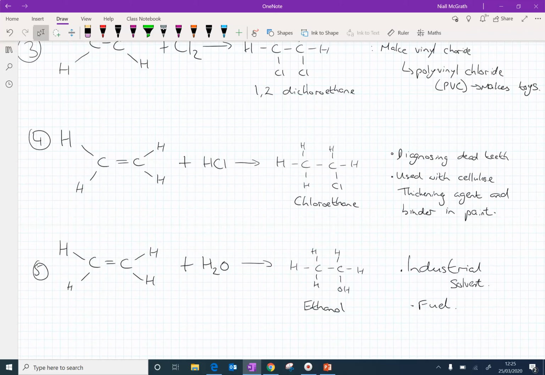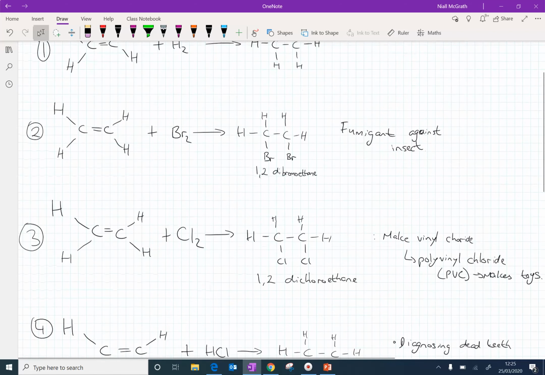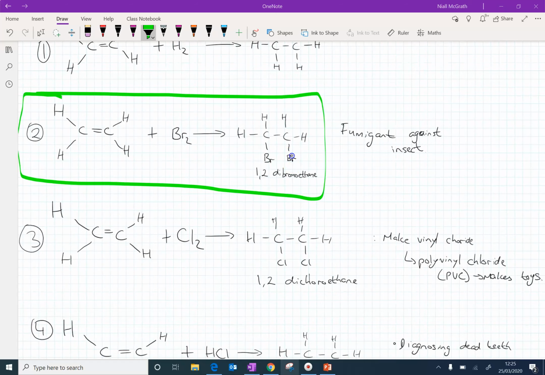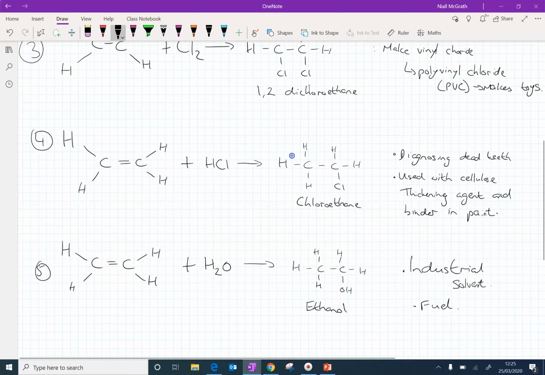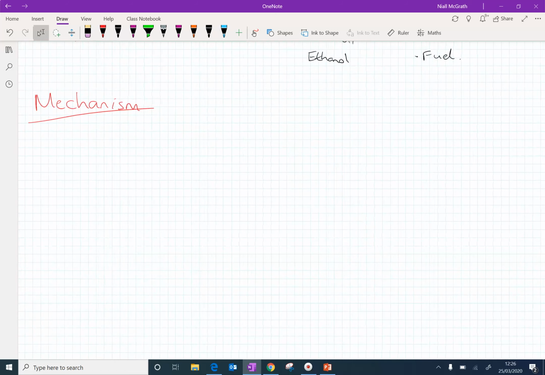The mechanism we're going to look at in this video is going to focus on ethene and bromine. The mechanism is basically how it works and how it takes place.